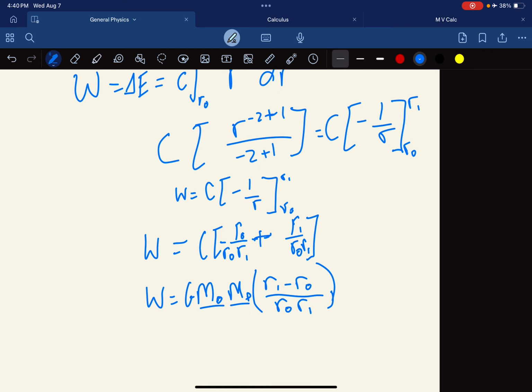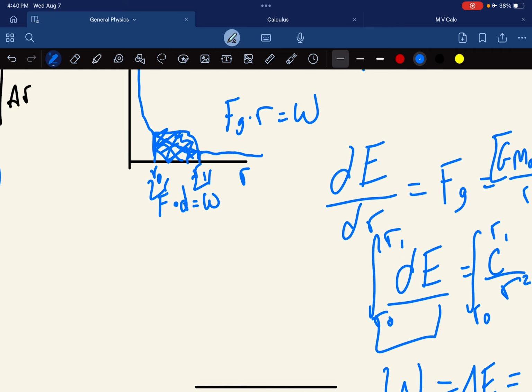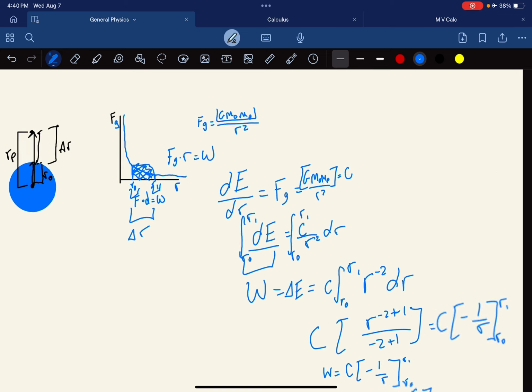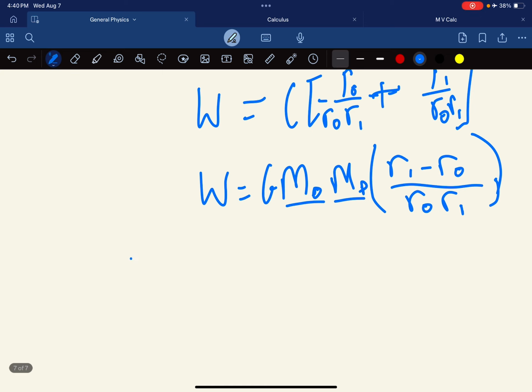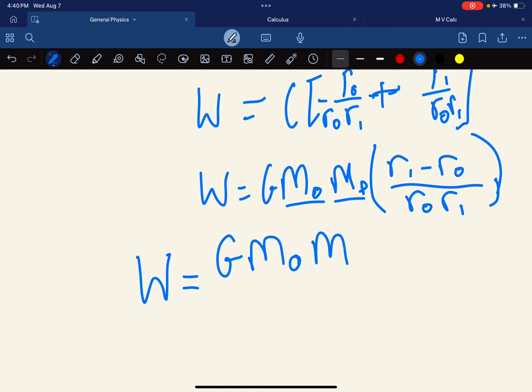Since R1 minus R0 was established as this change in radius, we will be calling it that, the change in the distance. So we get this equation: the work is equal to G times mass of the object times mass of the planet times the change in radius divided by the product of the radii.